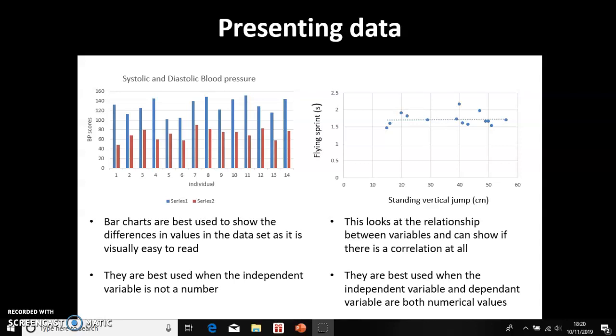The chart itself is best used to view the difference between values. So bar charts are best used to show the difference in values in the data set, and are visually easy to read.